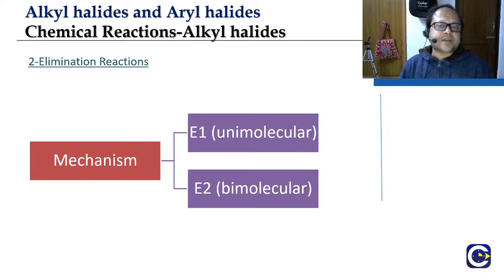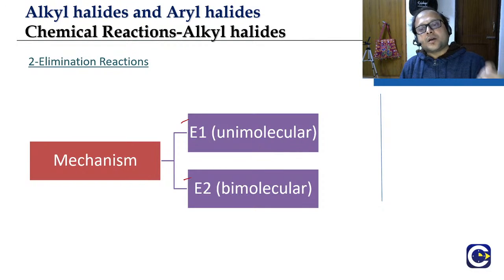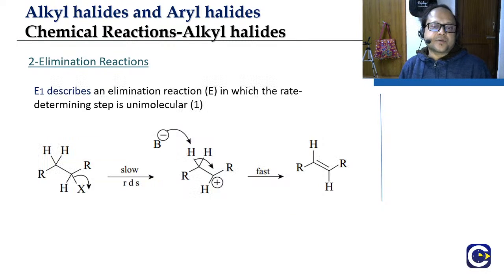As I was saying, you have 2 types of mechanisms, E1 and E2. Again, the mechanism describes whether a unimolecular or a bimolecular reactant is present in the rate expression, right? In case of the E1 mechanism, the unimolecular mechanism, the whole reaction takes place in 2 steps.